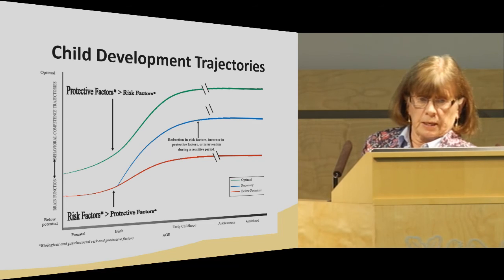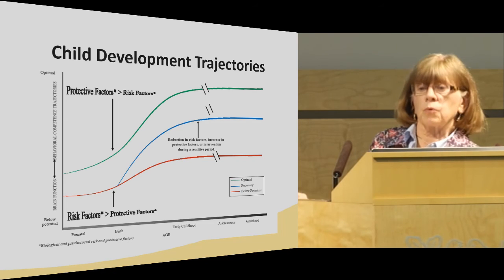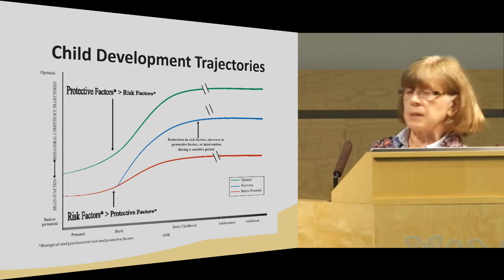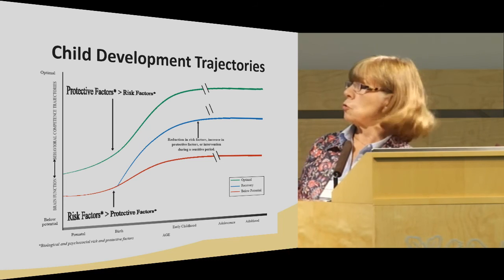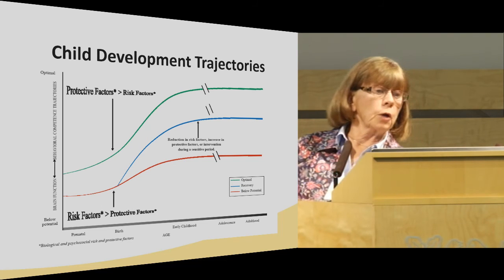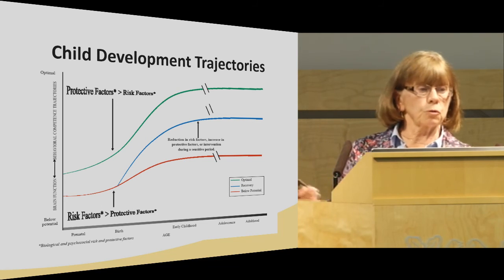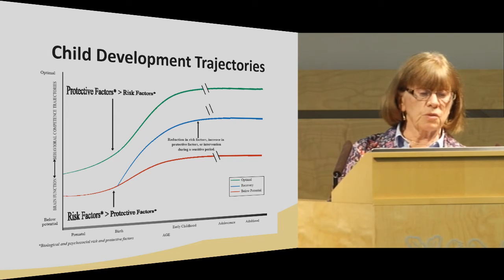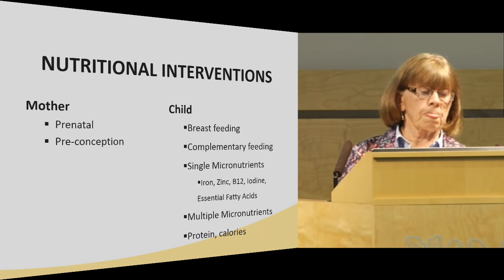So the question is, when does it happen, and really what do you do in terms of the intervention to try and reduce the disparities that occur and reduce the 39% of children who don't reach their developmental potential.